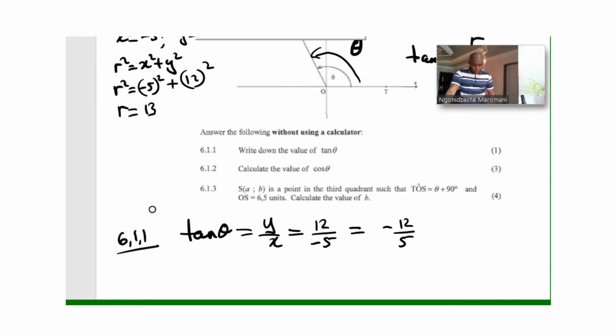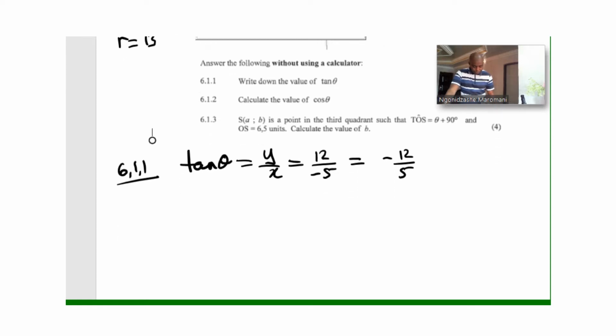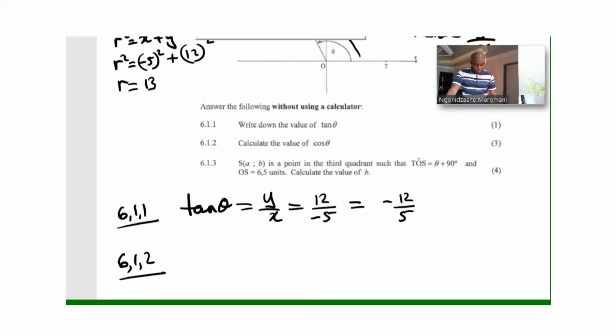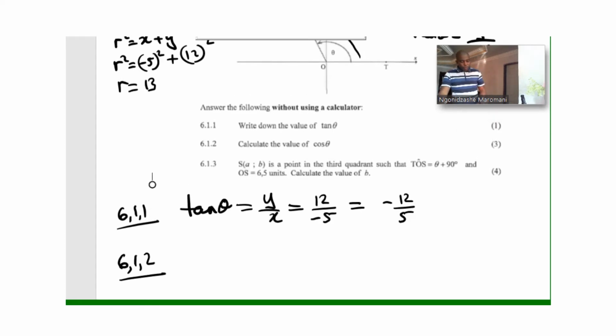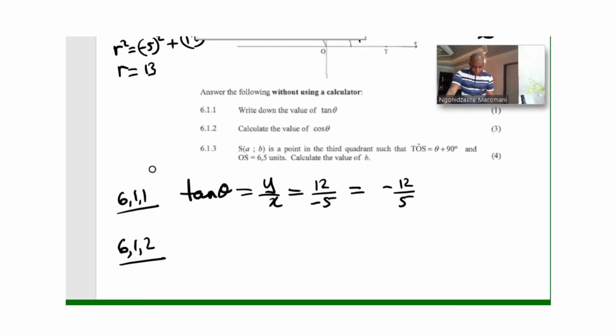Right, now 6.1.2. Question 6.1.2 is saying calculate the value of cos theta. So cos theta will be equal to x over r, as we said above.